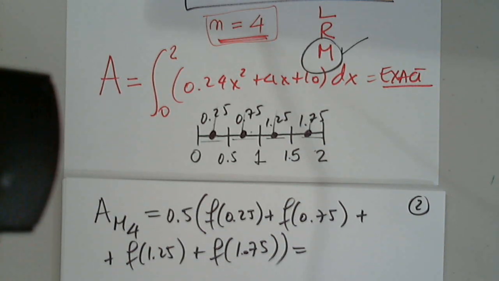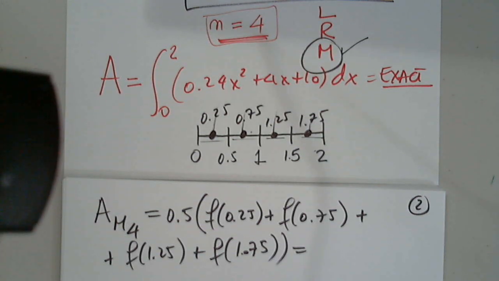I only need to clear list L1, but for now, I will clear both. First enter the x values. And the x values are 0.25, 0.75, 1.25, those are the midpoints, and 1.75.